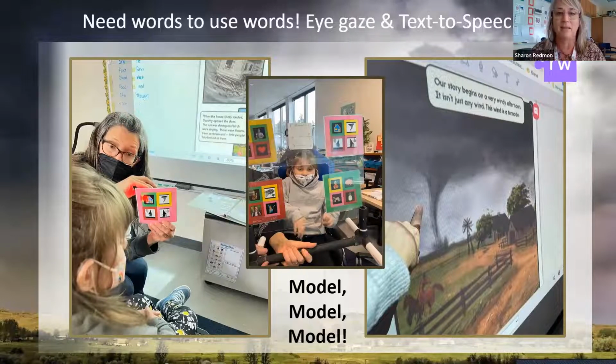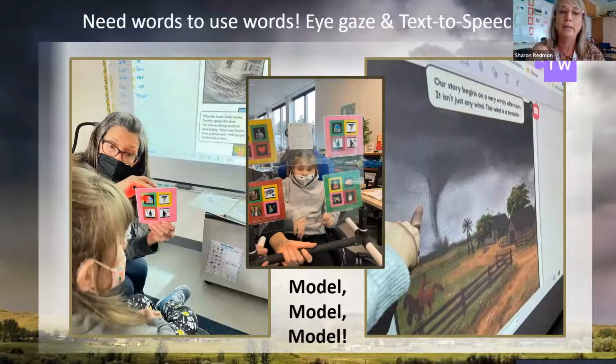So we made these. We put the words in there. We made it to where she looks at the group and then she looks at the color that tells us which picture she's wanting in that group. Very similar to her ABC board and her numbers. So we're mimicking that pattern.